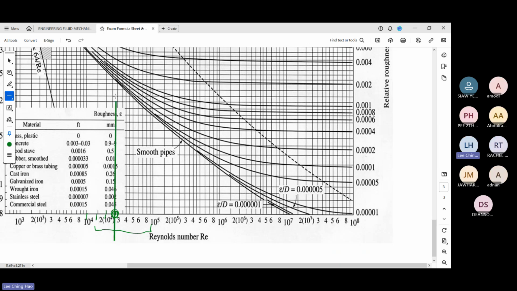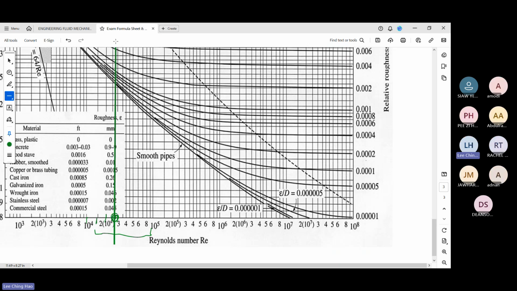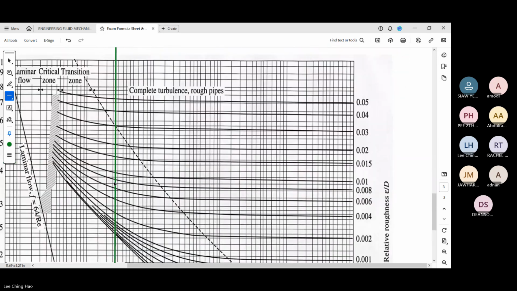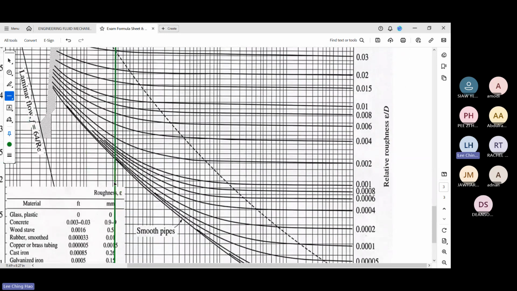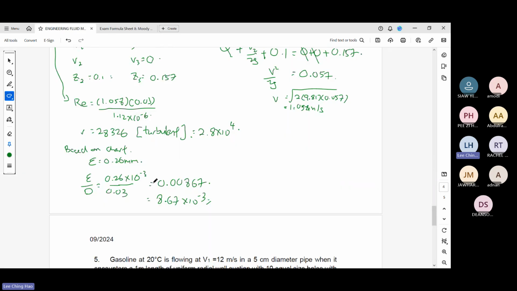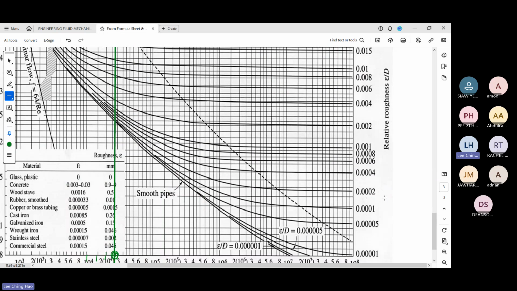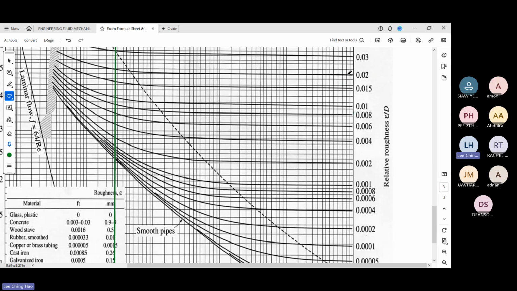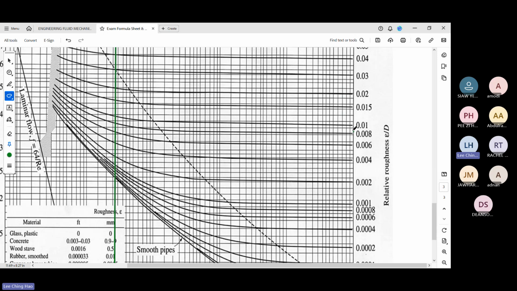First of all, I will do the straight line, roughly. Then the roughness will be 0.0087, roughly here.